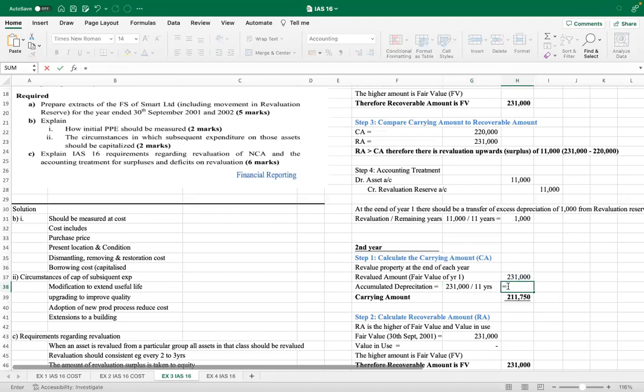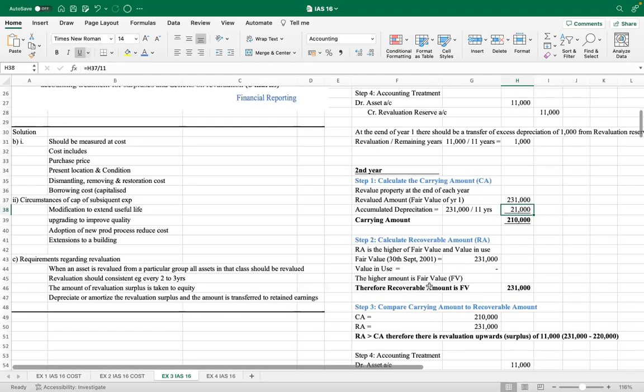So it will be 231 divided by 11 years. So what we are left with is 210. Yes, 210 is the carrying amount.